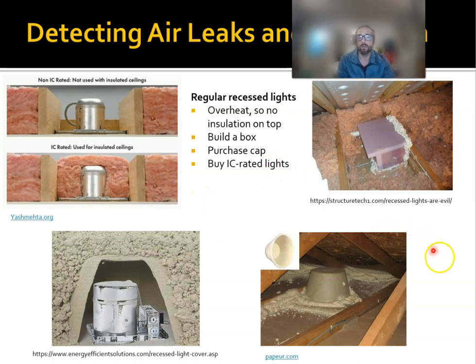And then finally, with the recessed lights, it's important to understand that you can't put insulation on top unless it's rated for it. If it's not rated for it, you can either buy something or build something, and then put the insulation on top. But overall, all of this speaks to the value and the importance of having a complete thermal boundary. You have your air and thermal boundary in continuous contact with each other.